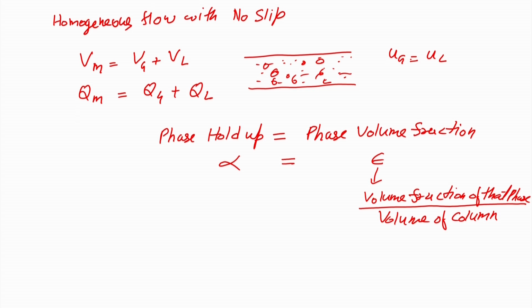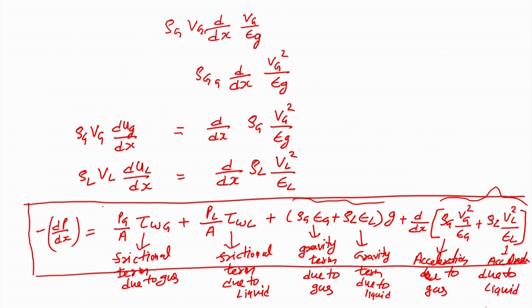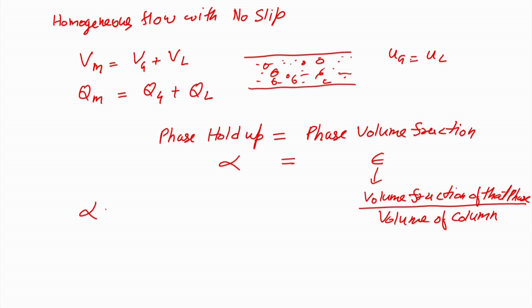Now how is alpha defined? Phase hold up is defined by the way the liquid, the gas or the different phases are going inside. Alpha of G is defined as Qg upon QL plus Qg.